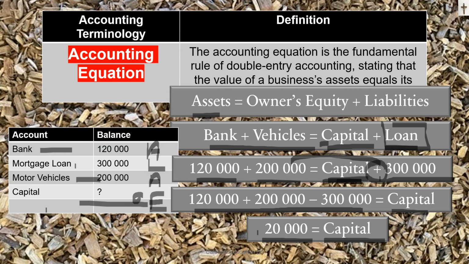Sometimes they say calculate motor vehicles, calculate bank, but there will always be one unknown. If there are two unknowns, you won't be able to calculate it using the accounting equation. Right, let's move on to another example.